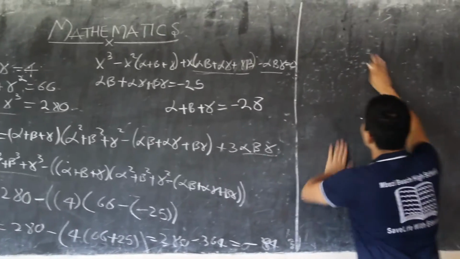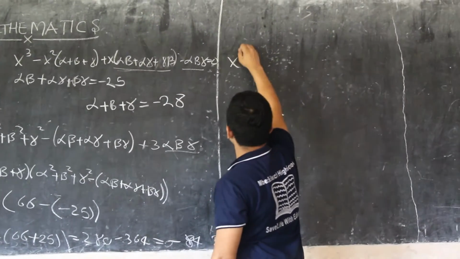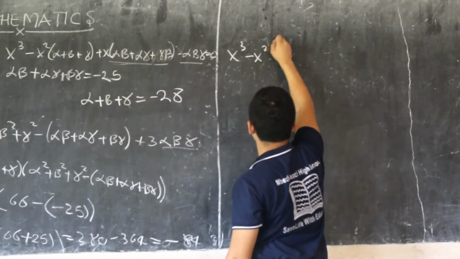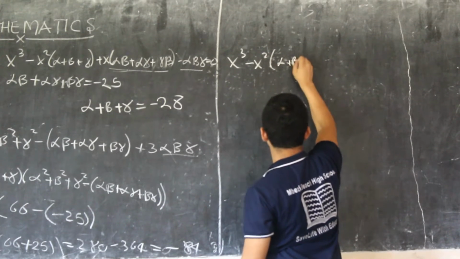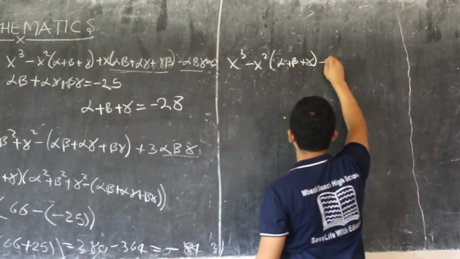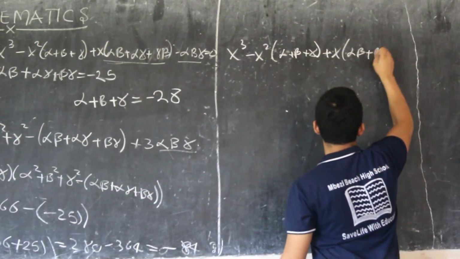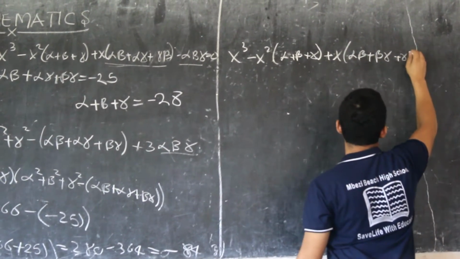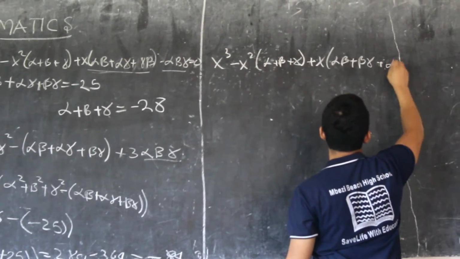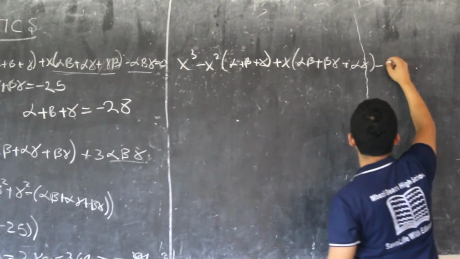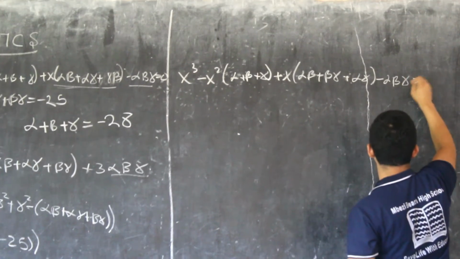Let me continue here. We say that from our equation, x cubed minus x squared, then I have alpha plus beta plus gamma. Then I have plus x, and I have alpha beta plus beta gamma plus alpha gamma, now minus alpha beta gamma is equal to 0.